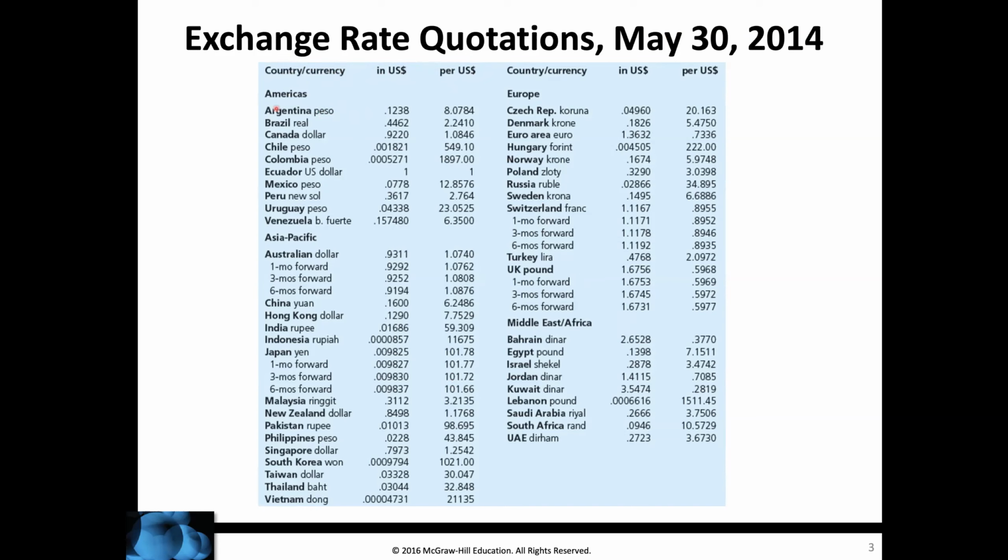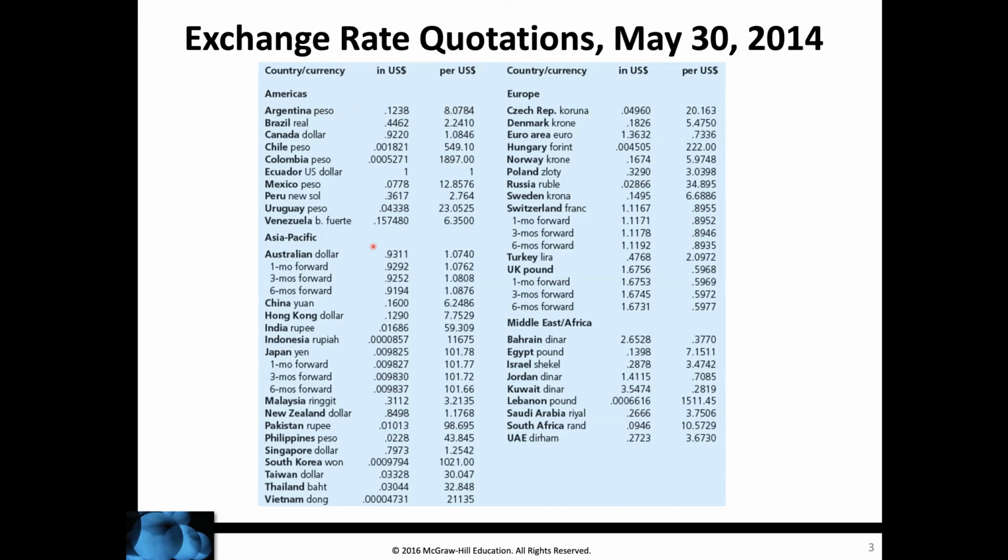So let's just take Argentina, the Argentine peso, for instance. It would cost 12.38 cents in US dollars in order to buy 1 Argentine peso. We can look at it another way. It would cost 8.0784 pesos to purchase 1 US dollar. So these are spot rates.